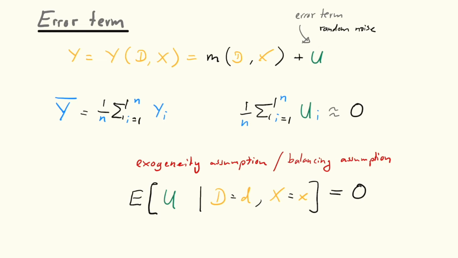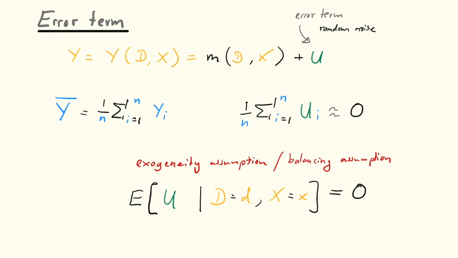When we consider a ceteris paribus change, what happens to the error term? What is the error term anyway in economic terms? For every given classroom, U describes the effect of factors other than D and X that are present in the classroom and that affect knowledge production in that classroom.